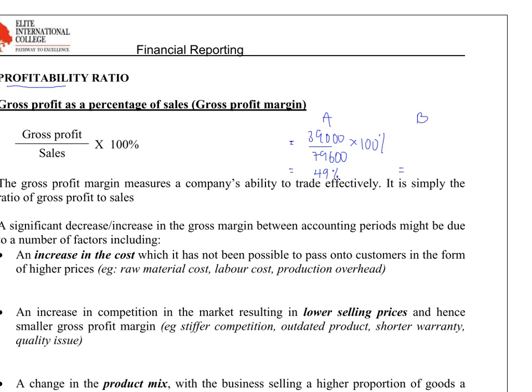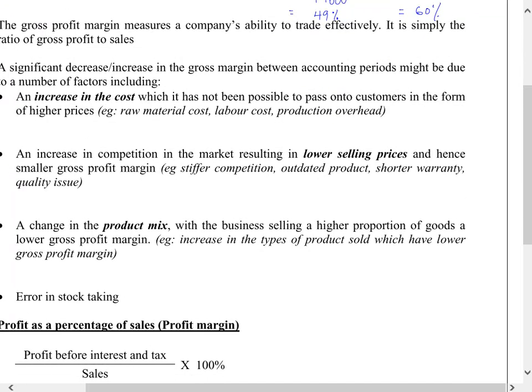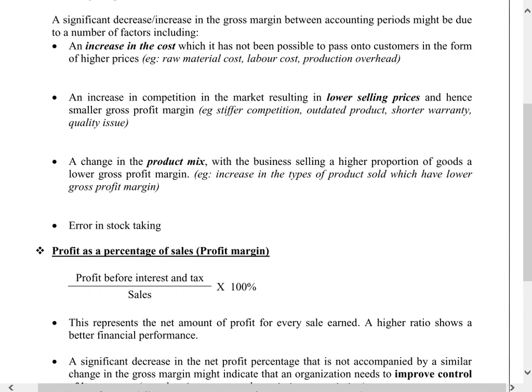Company B? 60. Let's calculate for profit margin.